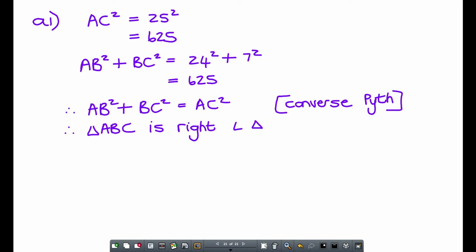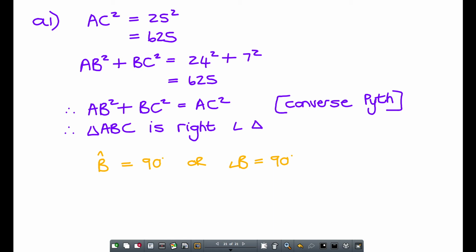Okay, so that's going to be at angle B. You can either say angle B, or we can say angle B is equal to 90 degrees. You guys good with that? They specifically asked you to state where the 90 degrees angle would be.